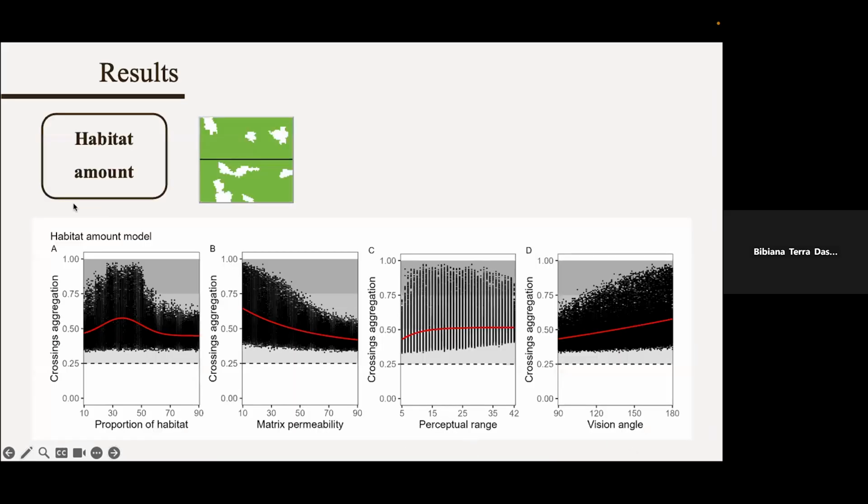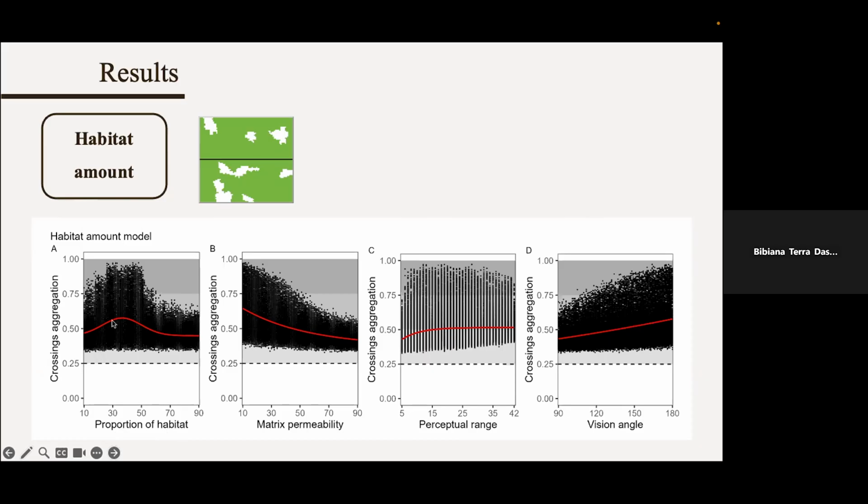Here are the results for habitat amount. We can see that we varied all parameters of environment and species, and we had different values of crossings aggregation.